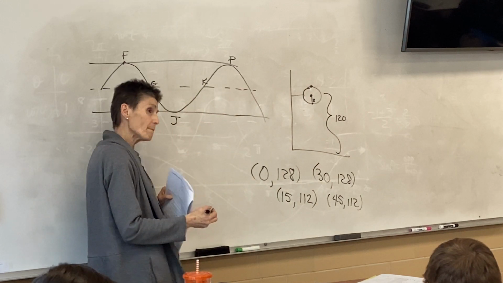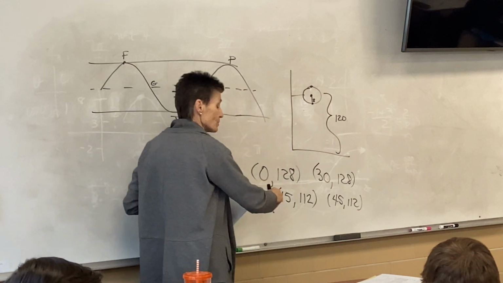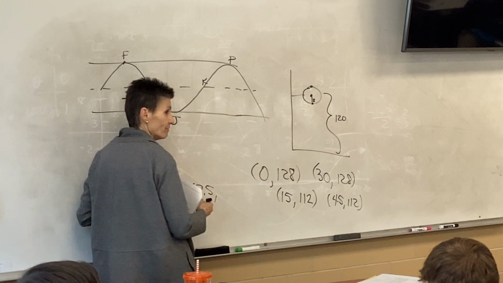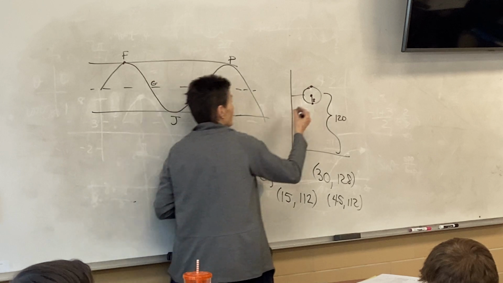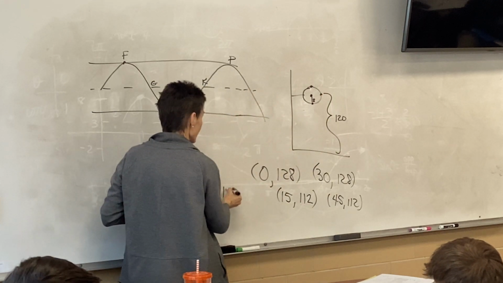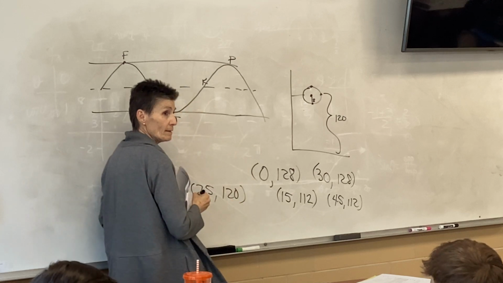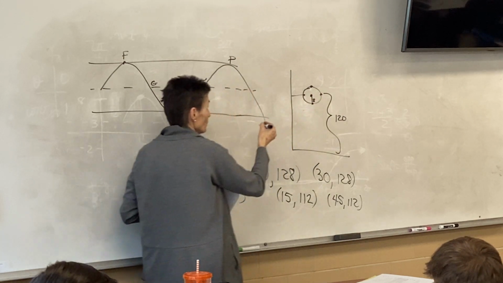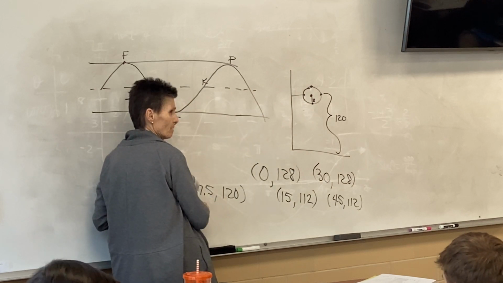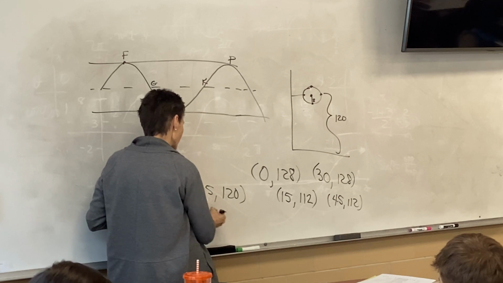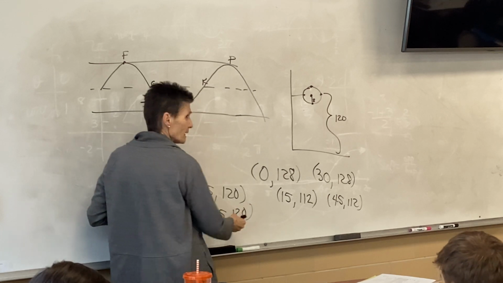Now, what about in between those? What about like 7.5? Well, wouldn't it be over here? Which means it is 120. And then over here, which would be 7.5, 15, 22.5, it's at 120 again. Are you with me?